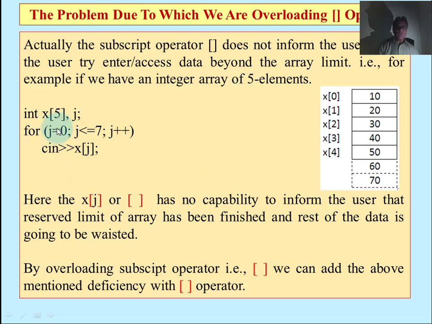When j is equal to 0, at x of 0 location, user inputs the value 10, then the value of j is incremented and it becomes 1. At x of 1 location, computer stores the value 20, which it takes from the user, and then x of 2, x of 3, x of 4 locations, it stores the values.